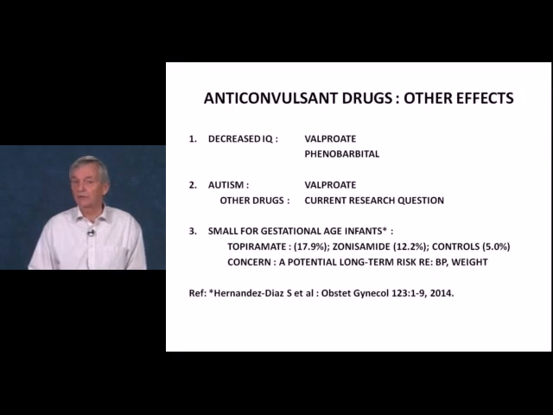The manufacturers of these drugs are having to decide whether or not to include this as part of the package insert to alert the mothers to this as a risk. I don't know how that's going to turn out, but we know it's a definite risk, and other studies have shown the same thing, so I think it's real. But we still don't know the long-term significance of a baby being SGA after either of these exposures.